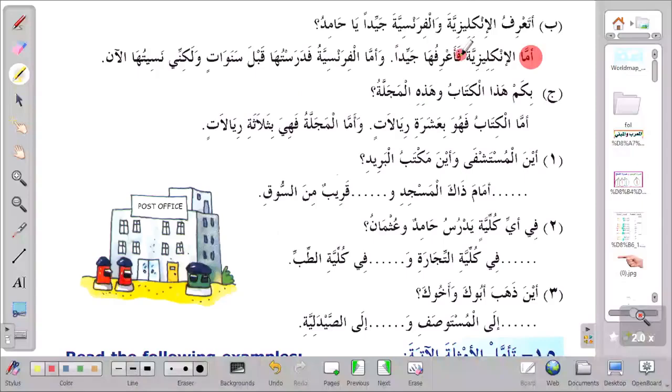In the last lesson, I said it. It mostly goes with fa. Like here again, you see, amma, then fa. Amma al-Englishiyya, fa'arifuha. As for English, then I know it. So mostly it goes with the harful fa. I hope that is clear.